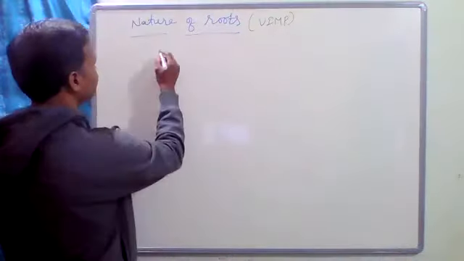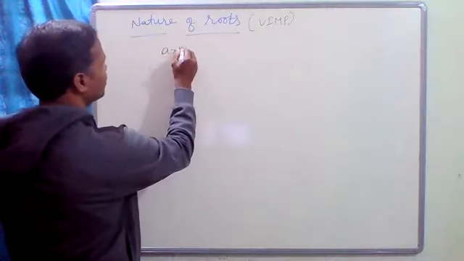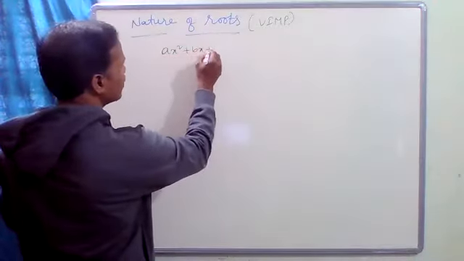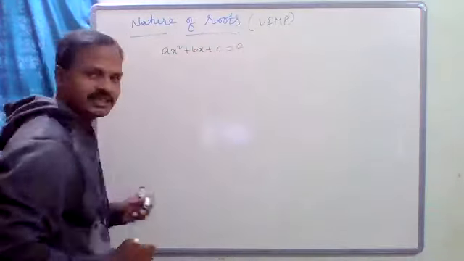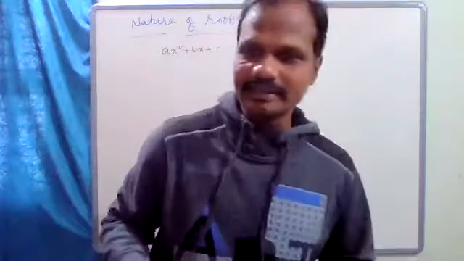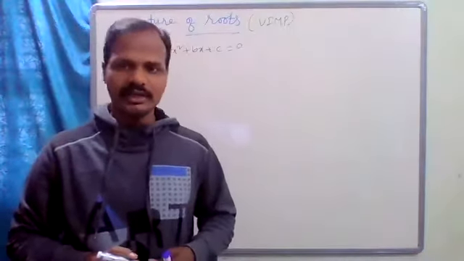The quadratic equation is, in general, ax square plus bx plus c equal to 0. The condition is that a should not be 0.